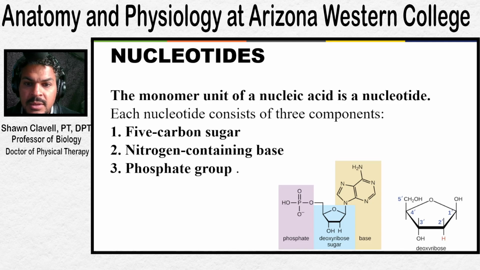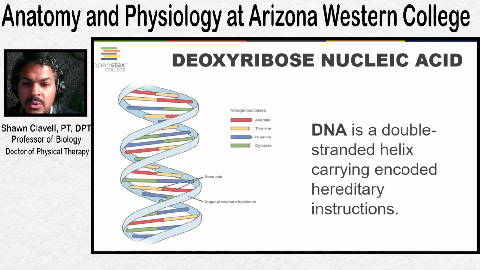DNA, one of the classic nucleic acids, is formed of a sugar phosphate backbone. So the pentose sugar and the phosphate groups alternatingly are associated with each other to make up the outside of the ladder here.